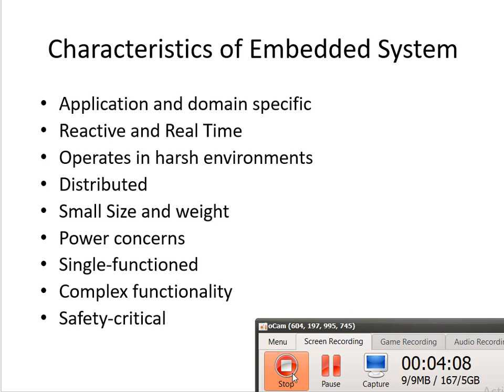Any changes in the real world are captured by the sensors or input devices in real time, and the control algorithm running inside the unit reacts in a designed manner to bring the controlled output variables to the desired level.